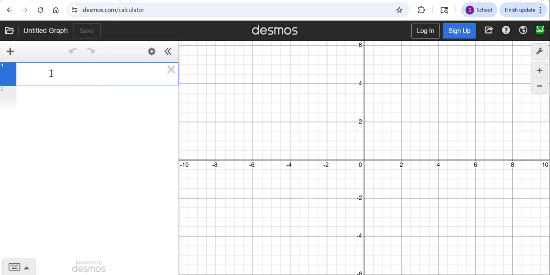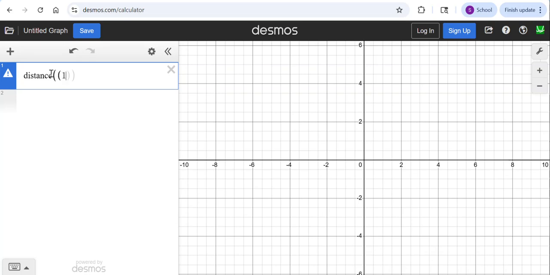Okay, so if you want to find the distance between two coordinate points, let's say the two coordinate points are (1, 2) and (3, 4). This is what you have to do. You have to type in the word distance, and then you have to open a parentheses, and then again open another parentheses to put the coordinate points in.